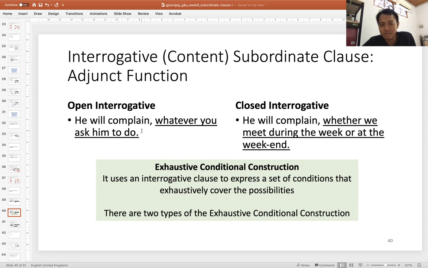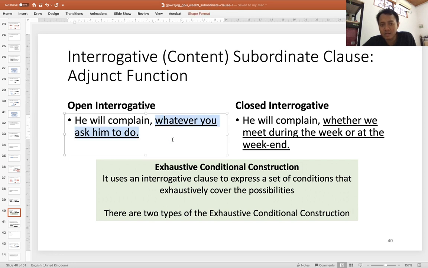The possibilities here, especially in the open interrogative, are open, and "whatever you ask him to do" is used to express that set of conditions, which is very open.